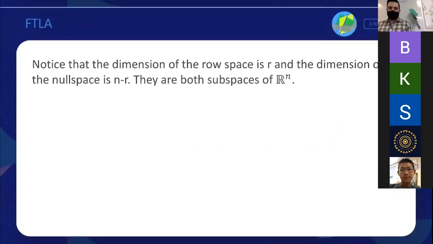All right. So again, tomorrow, or in one of the next lessons, we're going to do part 2. And it's relating this idea that the row space and null space are both subspaces of Rn. And notice if we have a basis that has R vectors in it, and then we add n minus R vectors to it, we'll have n vectors.